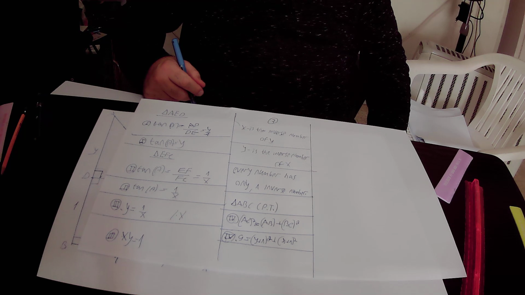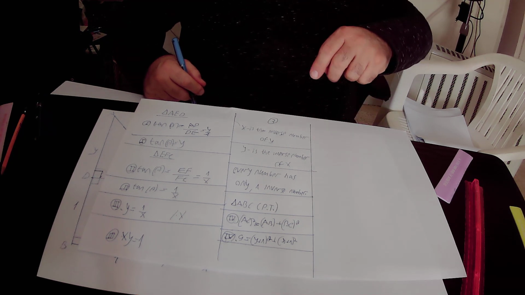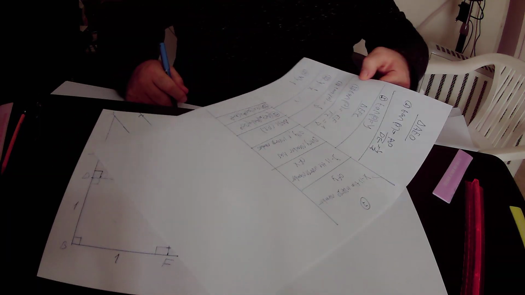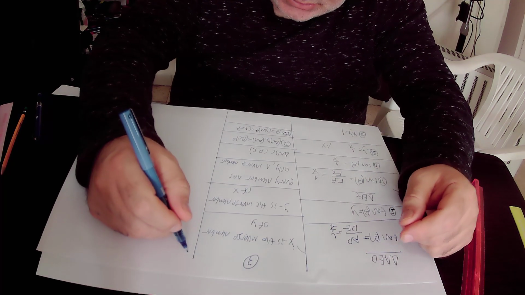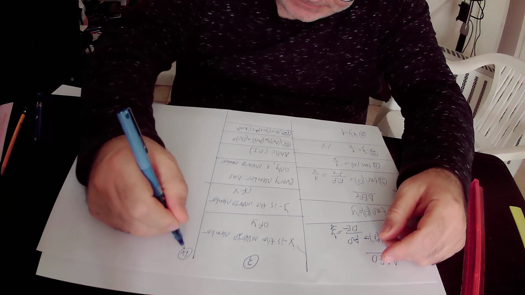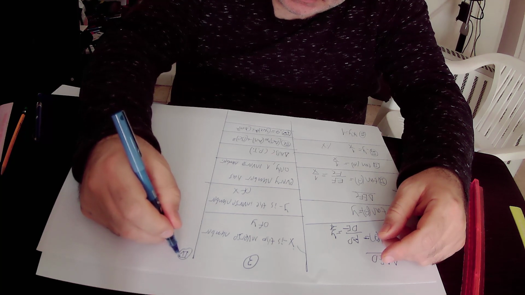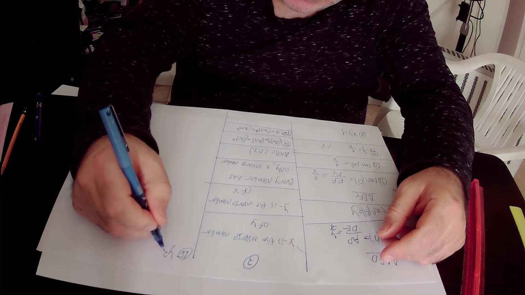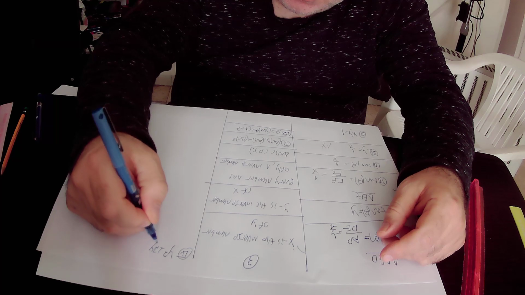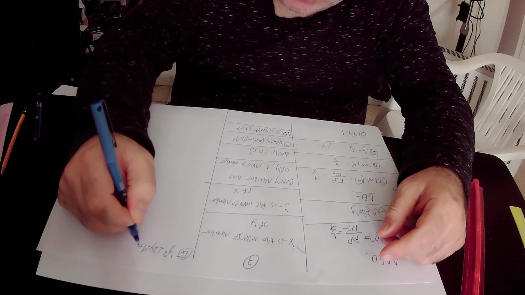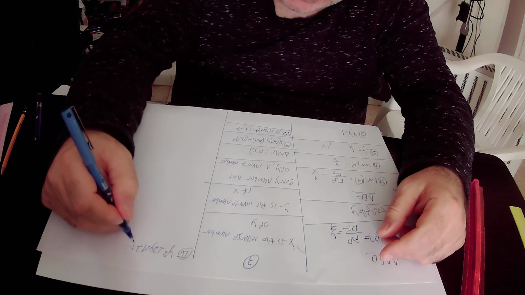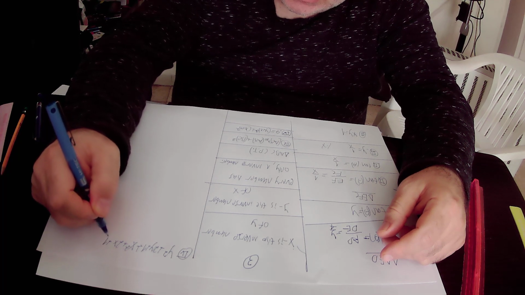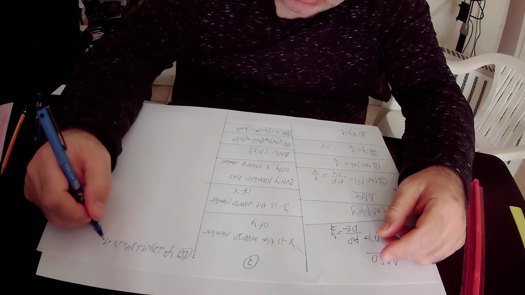Here, we will open the brackets on this side of equation number 4, and we will get that y plus 1 squared equals y squared plus 2y plus 1, and x plus 1 squared equals x squared plus 2x plus 1, and it equals 9.